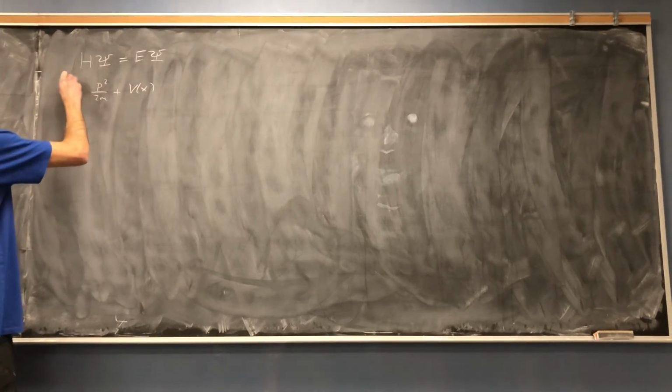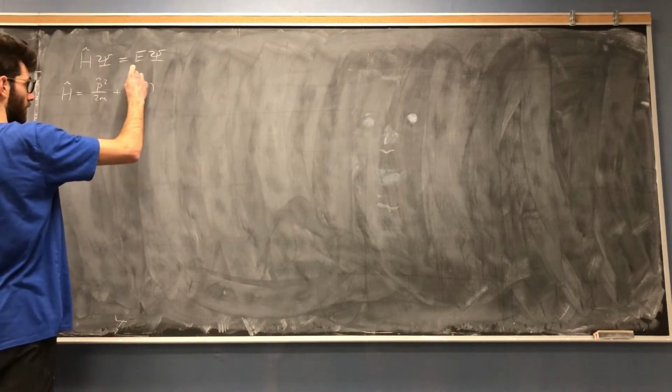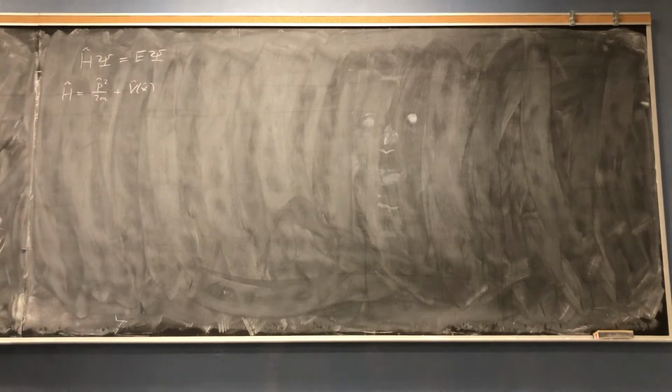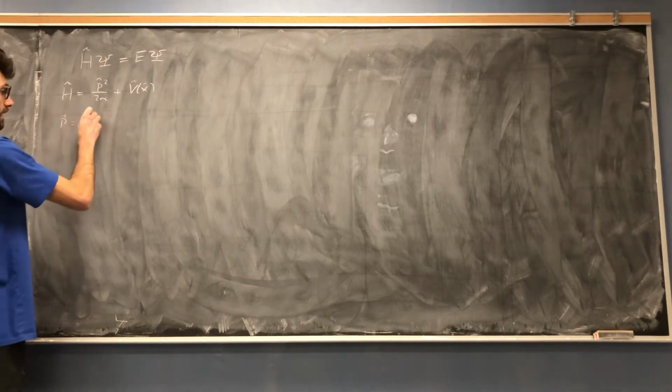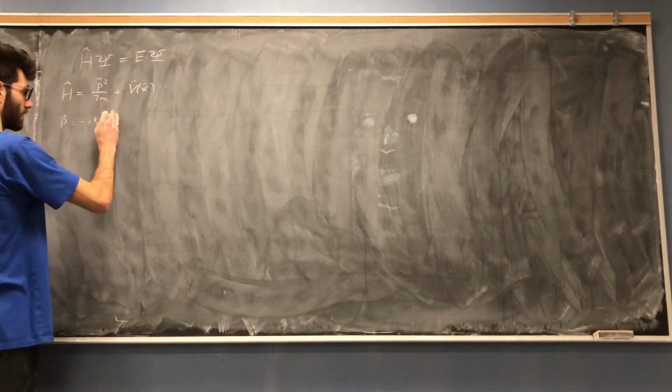And in quantum mechanics, of course, we promote everything to an operator, V hat of x hat, and P hat is minus i h bar del by del x.